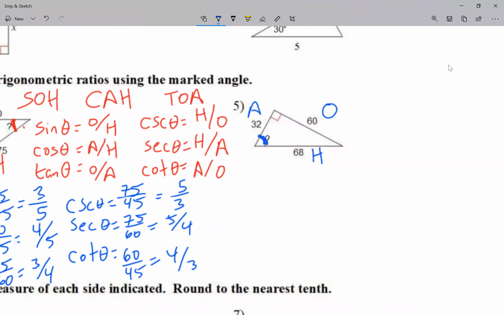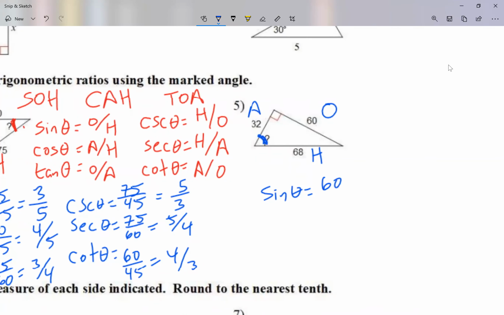If I want to know my sine, I know sine is opposite over hypotenuse, so 60 over 68. This time around, I'm not going to simplify because I don't want to confuse you. You can always simplify fractions, but I'm going to give you the non-simplified version.